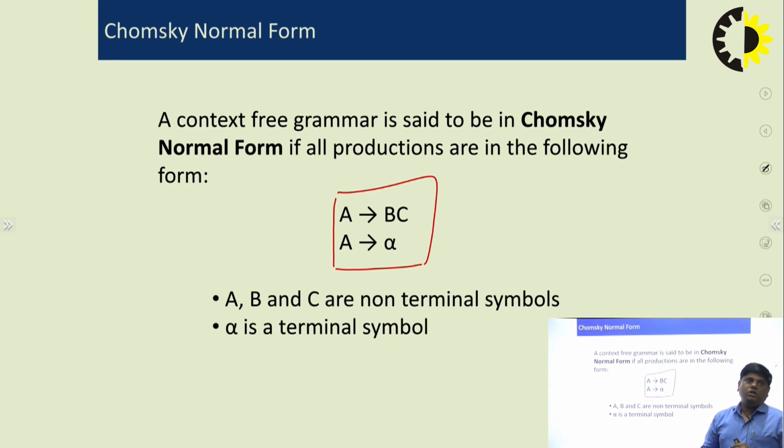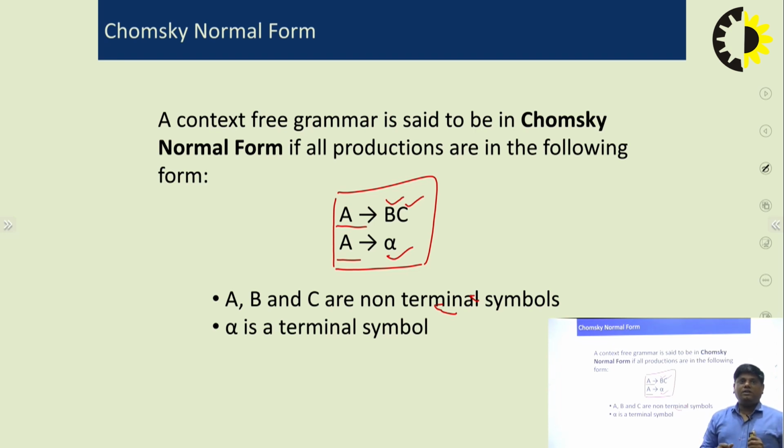There are two rules. The first rule says that the left side has a single non-terminal, and the right side allows only two non-terminals. And another rule: on the right side a single terminal is allowed.